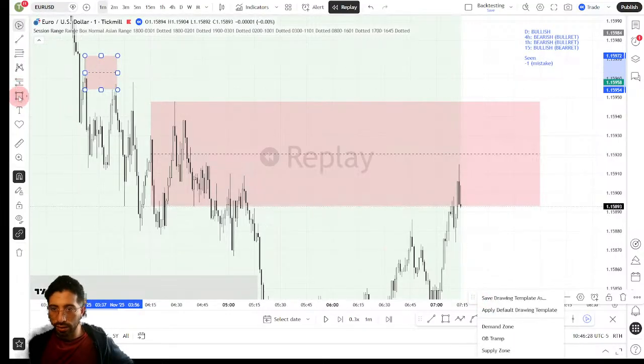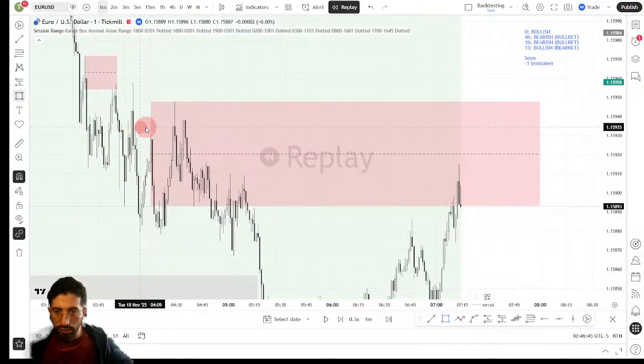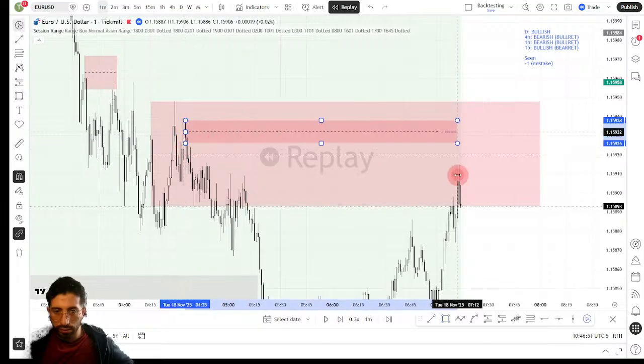Then we got breakage, new one, breakage, new one. So the breakage is this one, and this is the block I'm actually looking at. This one here. Boom.